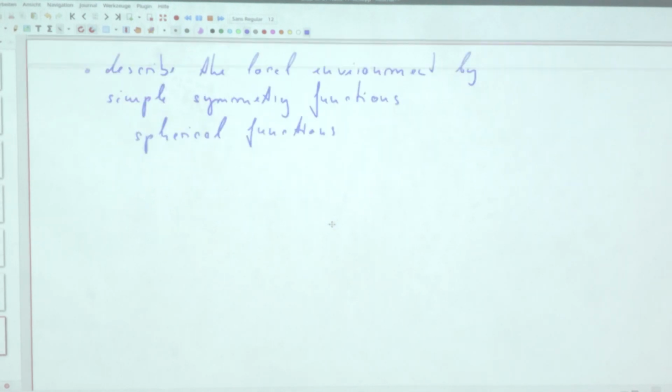And one choice could be that you just approximate it by a number of Gaussians.